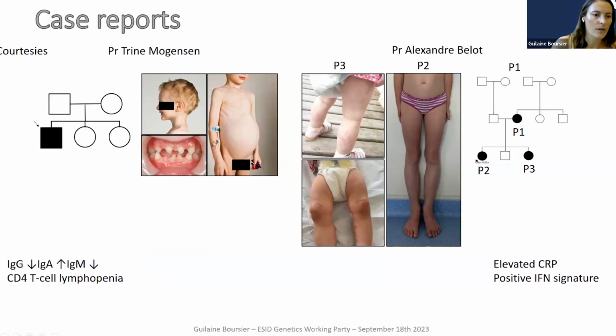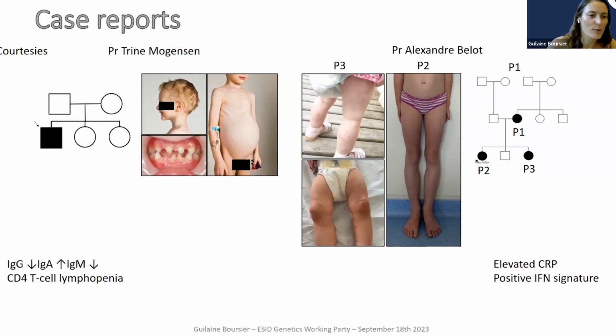Laboratory investigation demonstrated low IgG and IgM and elevated IgA in the first case with a CD4 T-cell lymphopenia, and for the second case, an elevated C-reactive protein and a positive interferon signature.